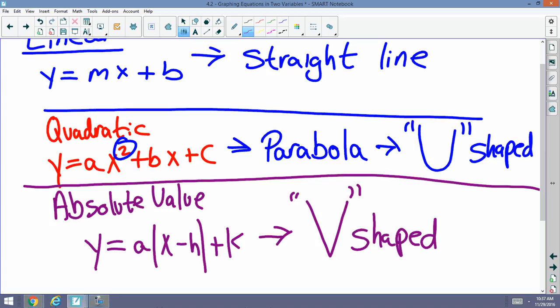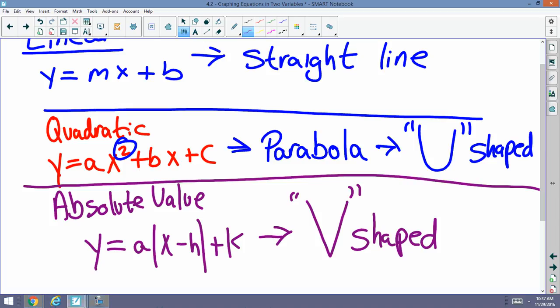The quadratic, when x is squared, it's a parabola. And a parabola is a U-shaped graph. Absolute value. The a is just a number being multiplied to the x, and I told you that we're going to go into that in further detail later.